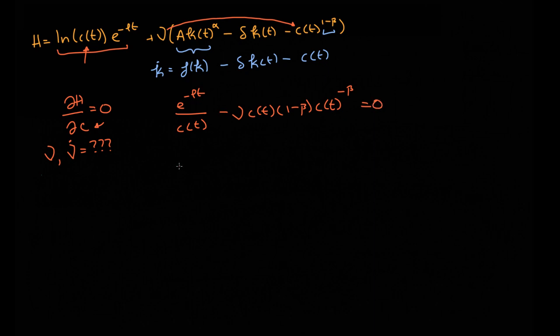So now we want to rearrange to solve for nu. Nu times 1 minus beta times c t to the minus beta equals e to the minus rho t divided by c t.